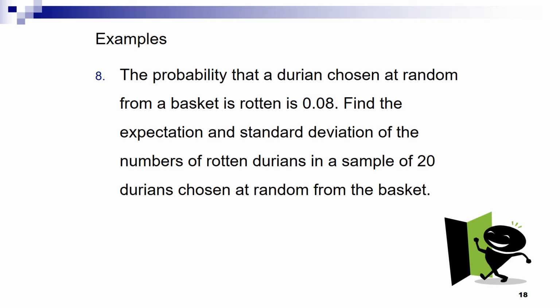Given the probability that a durian chosen at random from a basket is rotten is 0.08.